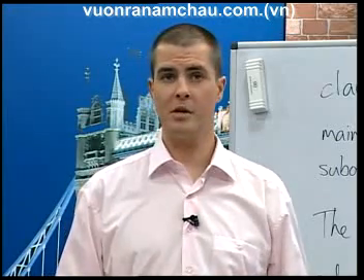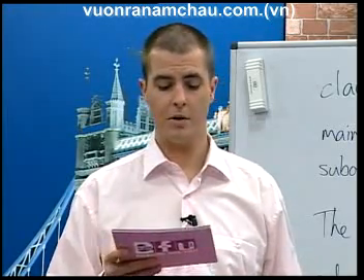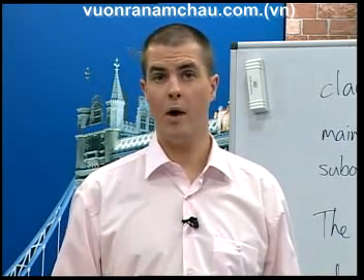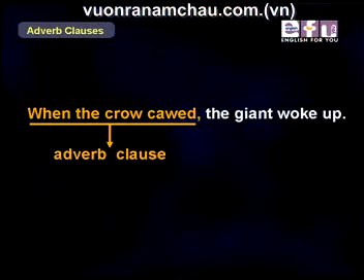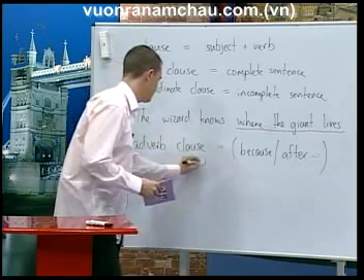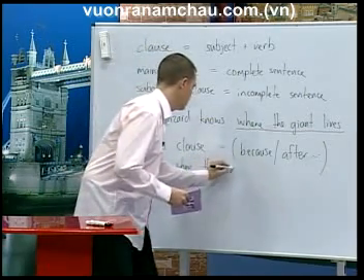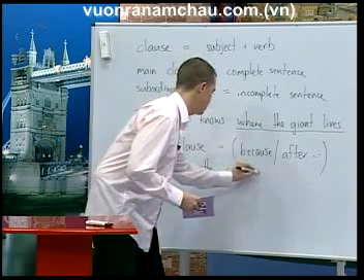So, adverb clauses of time begin with words such as when or after. In the first sentence, the adverb clause is when the crow cawed. So, adverb clause of time. For example, when the crow cawed.